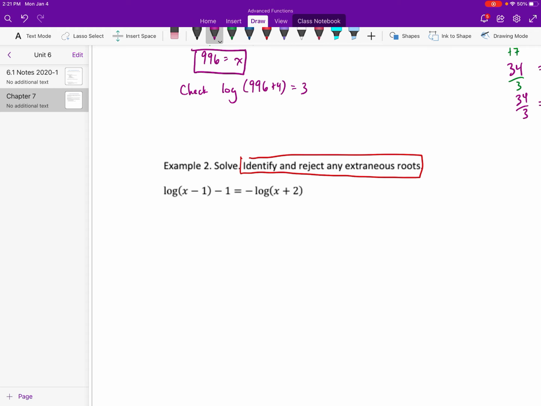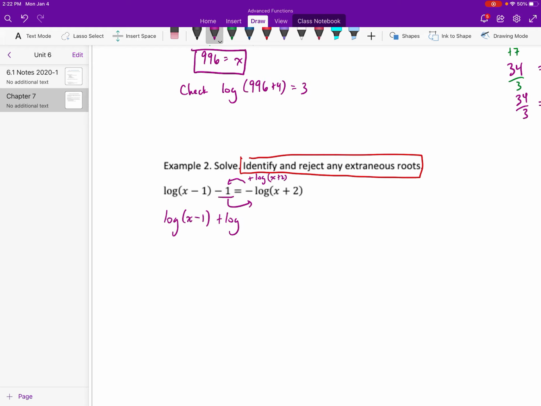So we have log of x minus 1 equals log of x plus 2. So let's bring the logs to one side and bring the negative 1 here to the other side. So if I bring this negative log x plus 2 to the other side, we have log x minus 1. And we're going to add log x plus 2 here to get it to the other side.